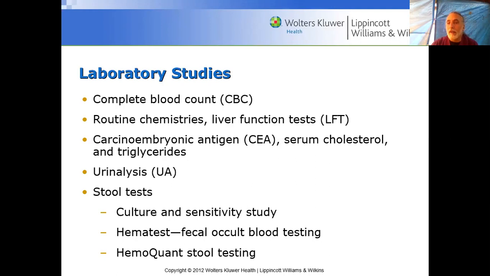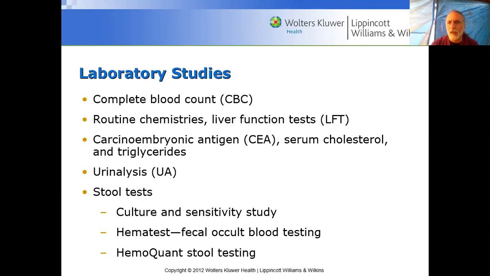Other things that we might note in blood chemistries, besides the liver function tests, would be enzyme levels and electrolyte levels, okay, and blood sugar levels. Pancreatic dysfunction can lead to very high levels of glucose in the bloodstream or low levels of glucose in the bloodstream.